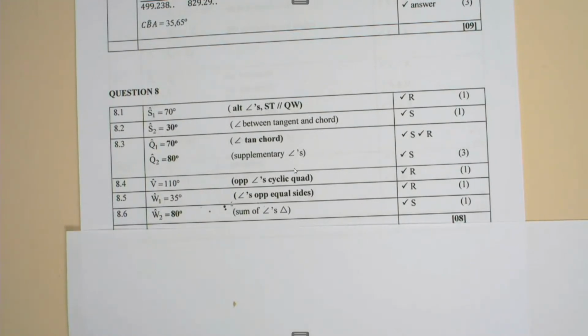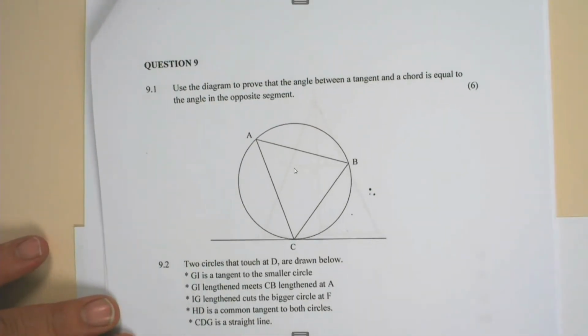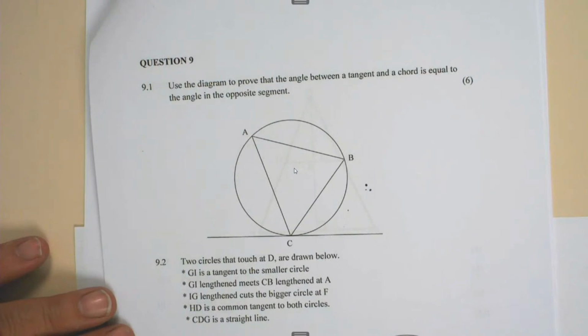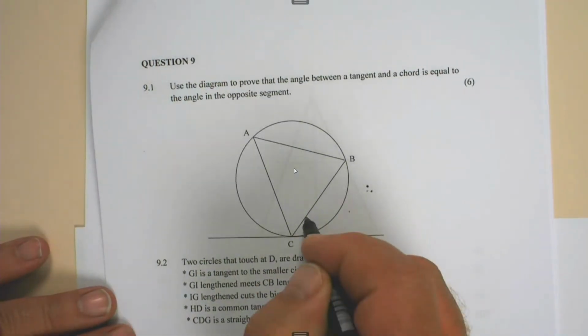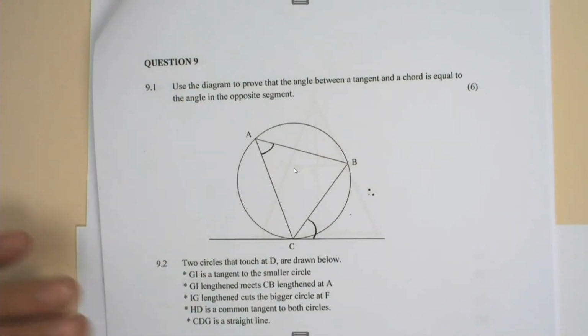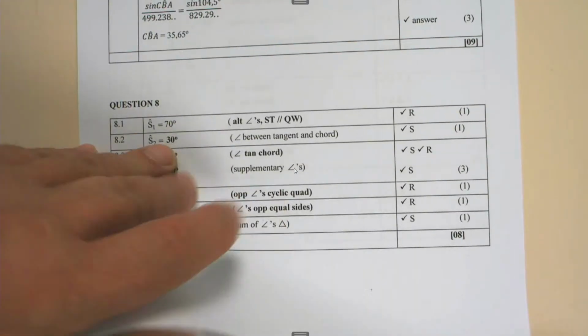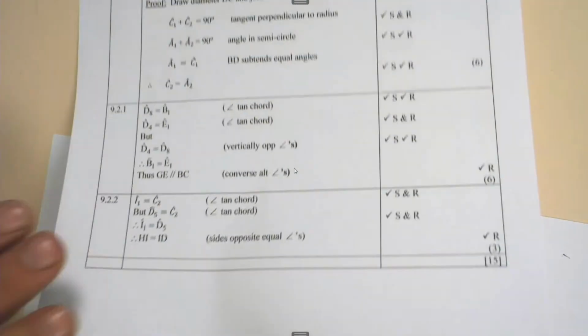Right, if we look at question 9, it says use the diagram to prove that the angle between the tangent and the chord is equal to the angle in the alternate segment. We have to prove that this angle is equal to that angle. Let's look at the proof.